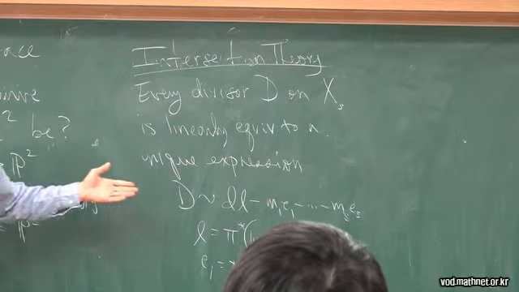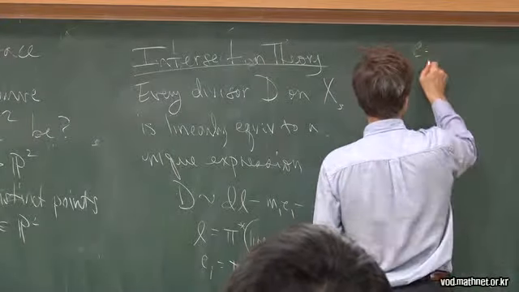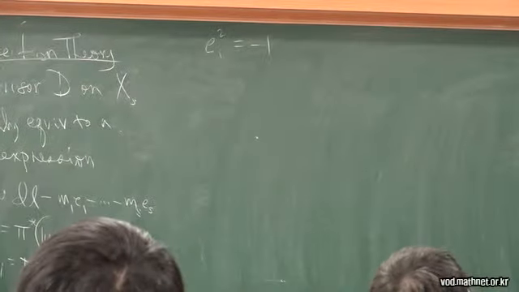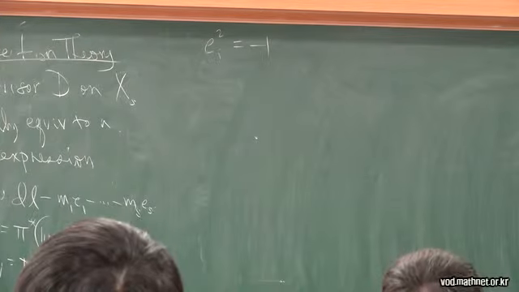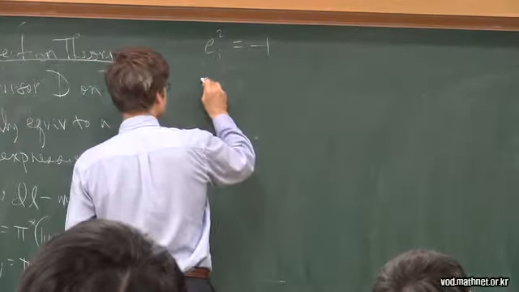And so the first thing to notice is that the intersections of the blow-ups themselves are negative. So there are curves of negative self-intersection. In general, the intersection theory works like this.